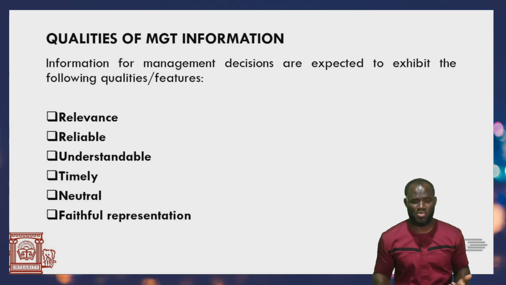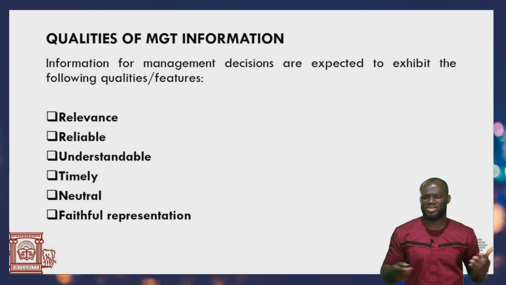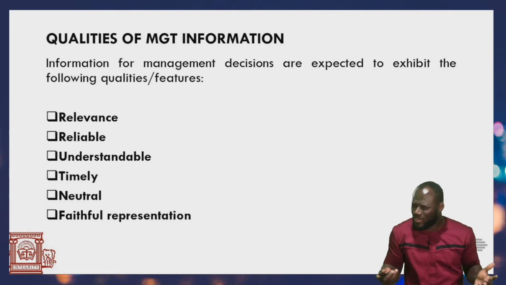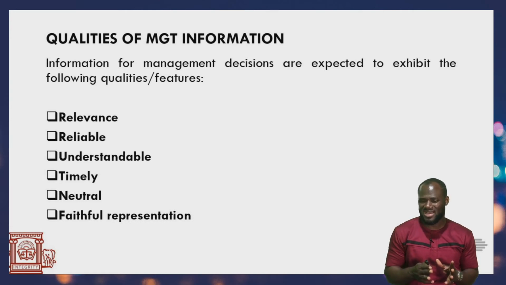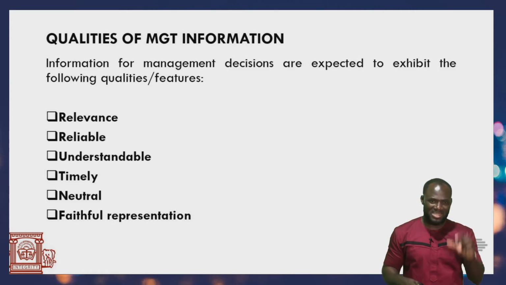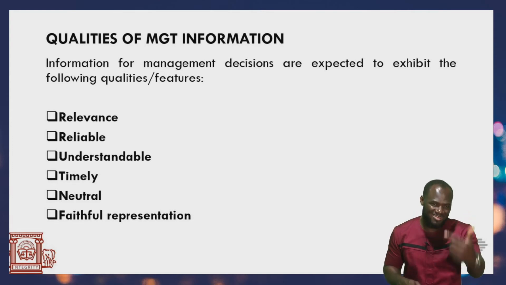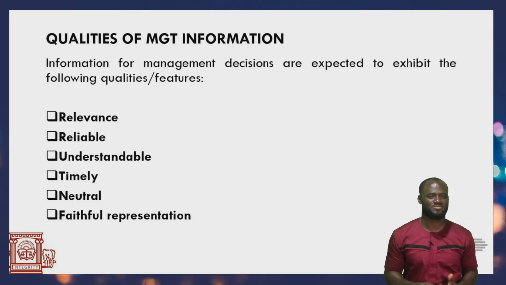Sometimes when you say something to someone and the person says, okay, what you said is not important, that is simply the person telling you that under the circumstances, the information you have given out is not relevant to that person.